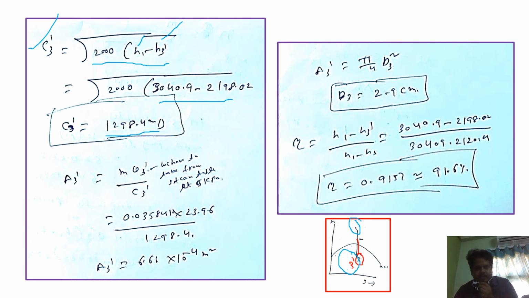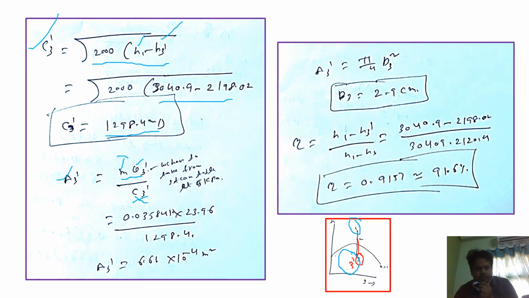Now we can find the cross section area at point 3 dash, that is M into V3 dash divided by C3 dash. Here M is the mass flow rate, V3 dash is the specific volume at point 3 dash, and C3 dash is the velocity at point 3 dash.